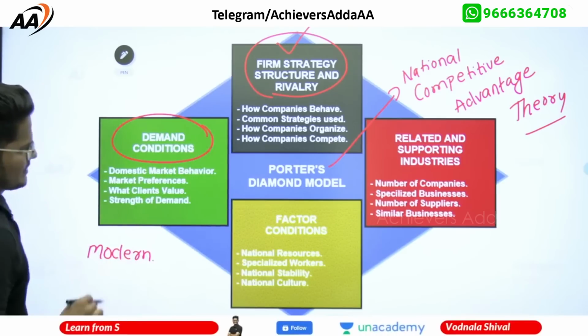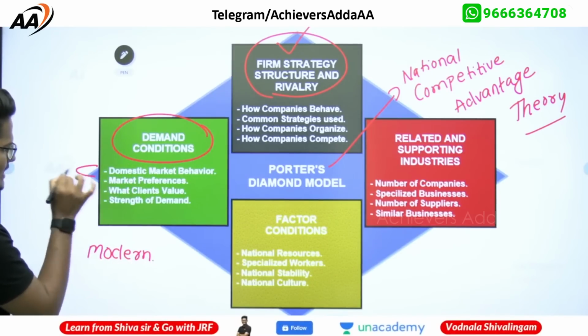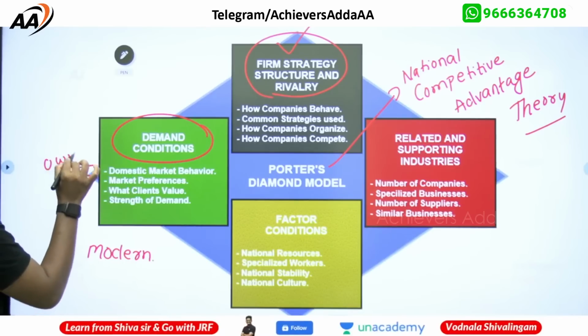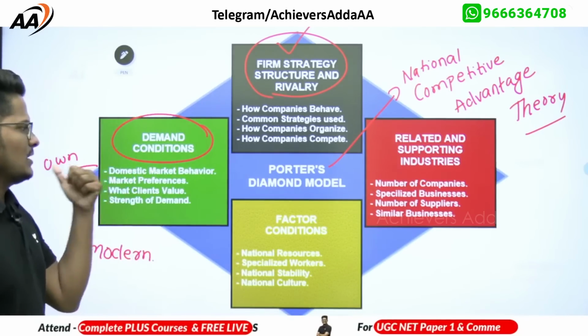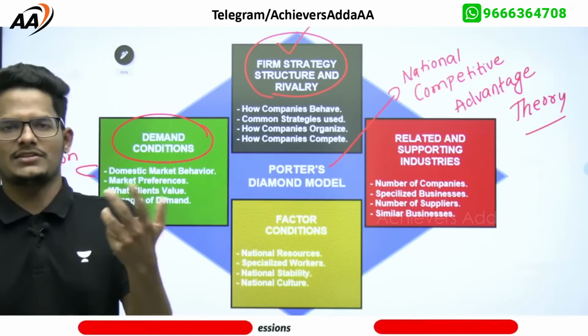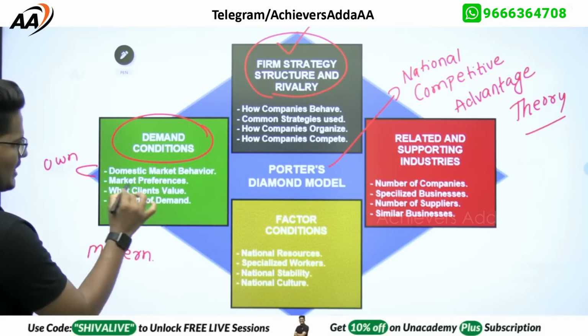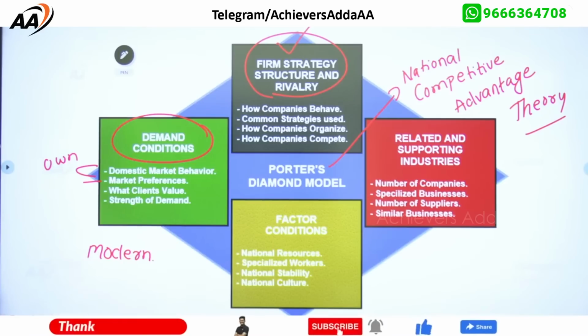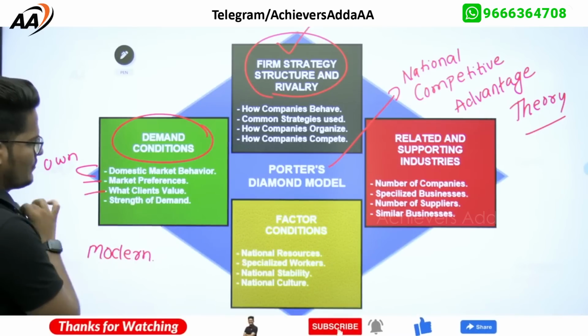Demand condition is another one. So how much demand is there? Domestic market behavior. Understand the own country behavior. In our country, what is the requirement? What is the market expectation from the sellers of the industry? Market taste and preferences, market behavior, what a client values.